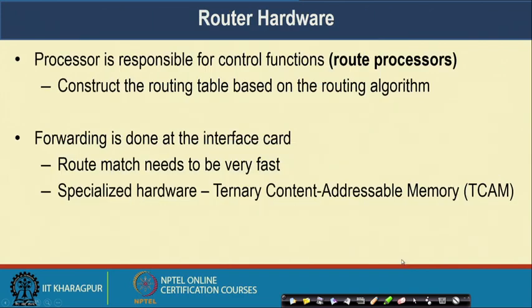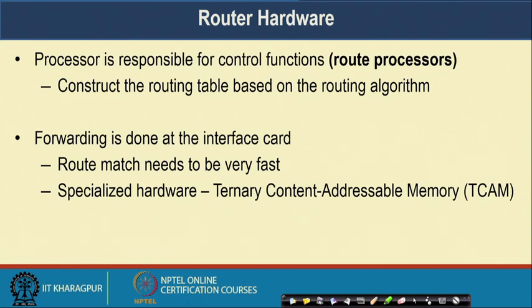In the router hardware, the processor is responsible for the control function. We call it the route processor. The control function means running the routing program, sending the data packets over the network, and constructing the routing table based on the routing algorithm.